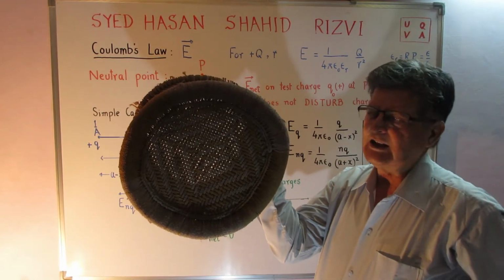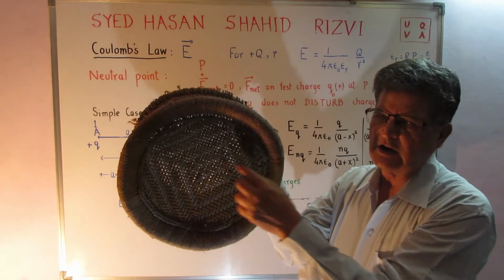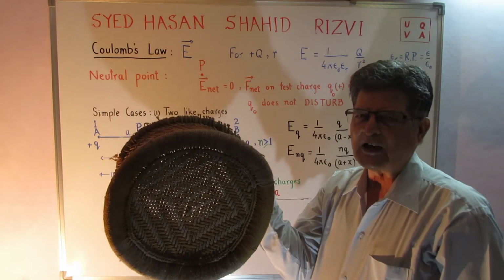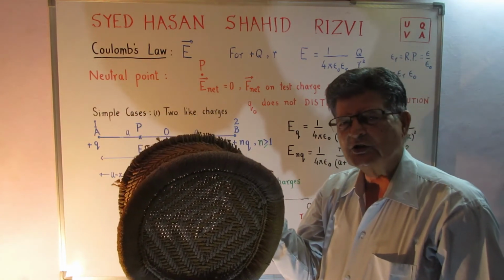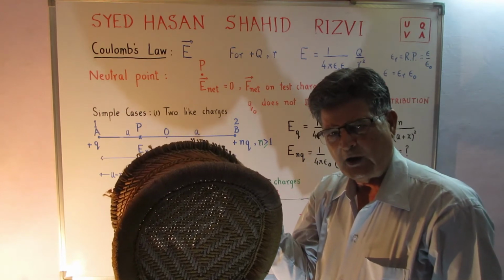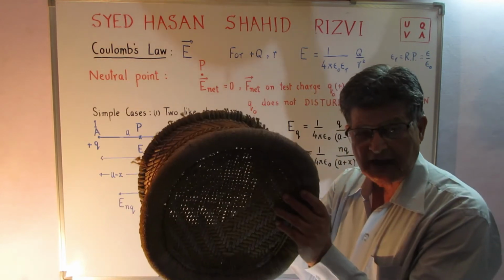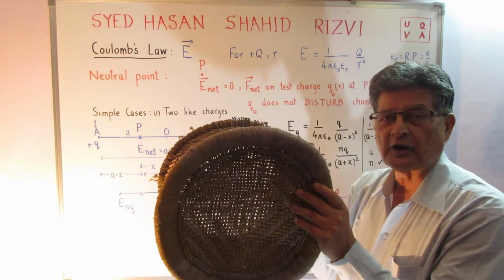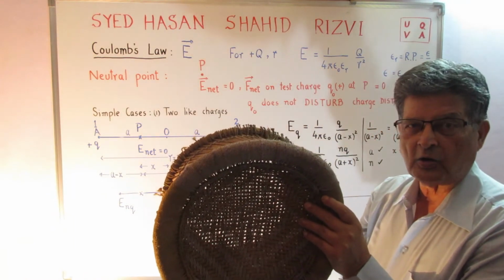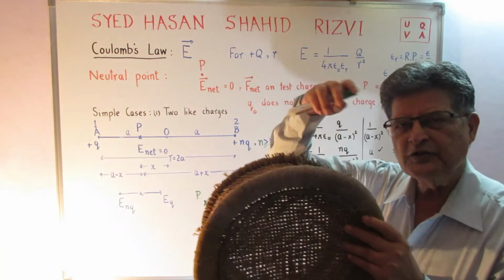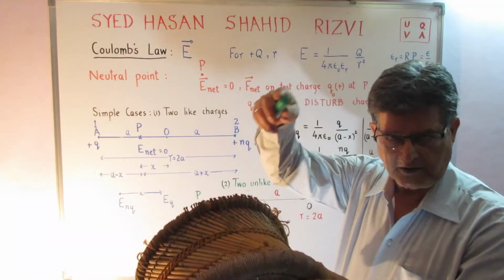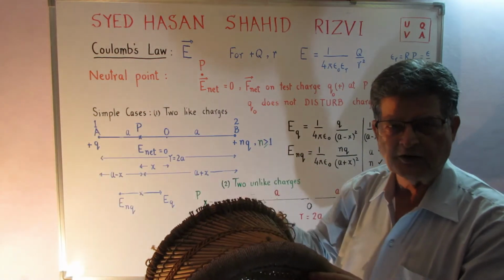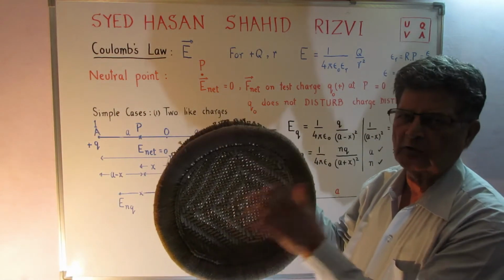And what is the angle that it subtends at the center? The answer is the angle that it subtends is 0. Because this is like a pentagon, heptagon, like that, it is an infinity-gon, infinite sides, and the angle over here will be equal to 0.